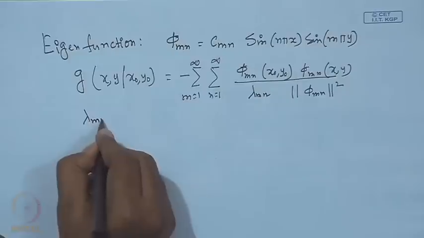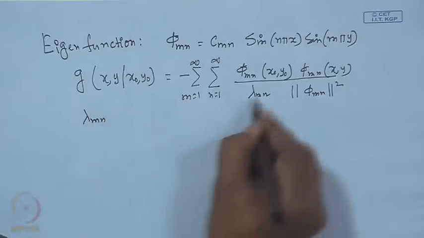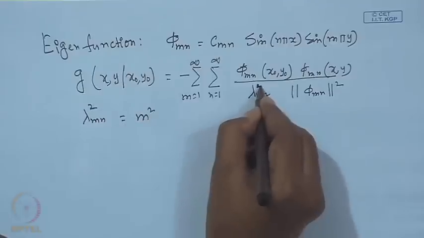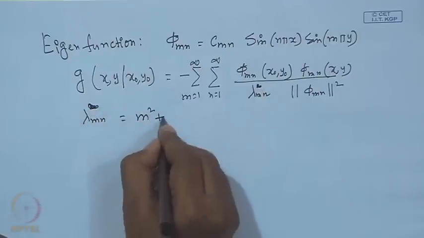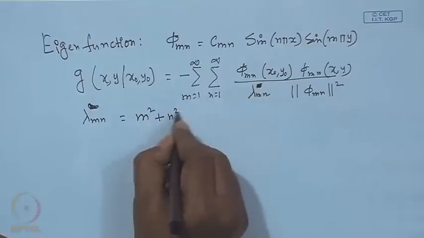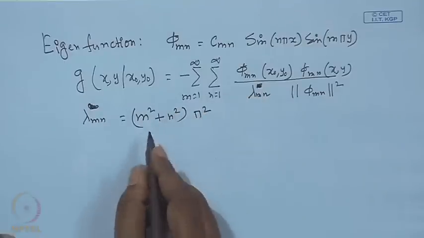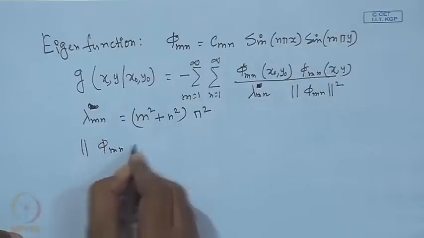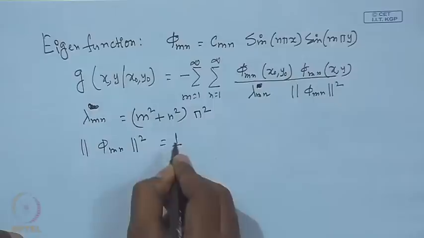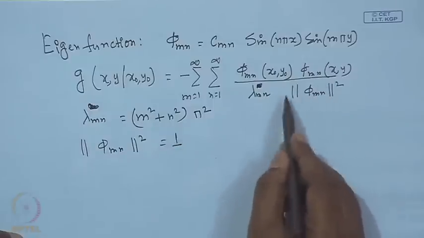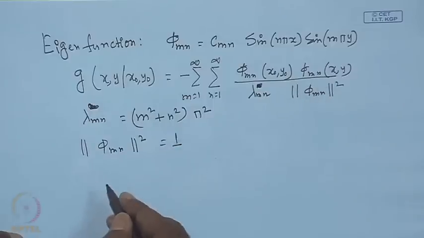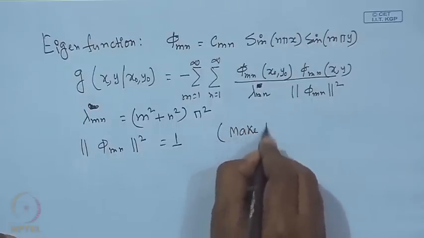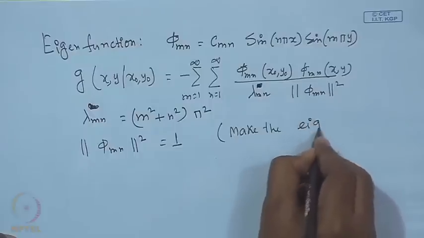And what is lambda m n? Lambda m n is nothing but m square plus n square times pi square. So, what is norm of phi m n square? We force norm of phi m n square equal to 1, so that the denominator becomes 1 and that simplifies our calculations. This means make the eigenfunction orthonormal.